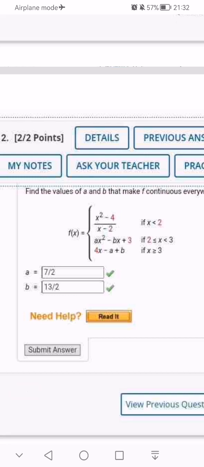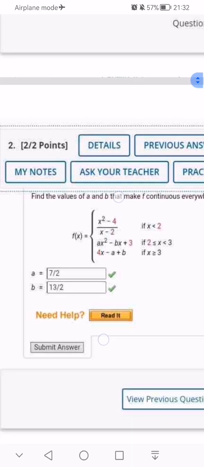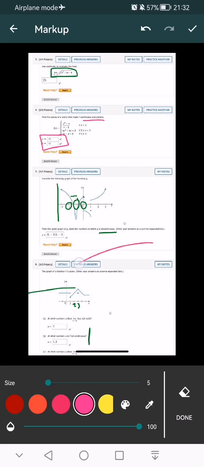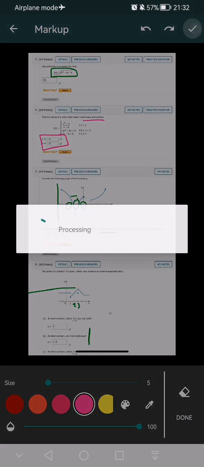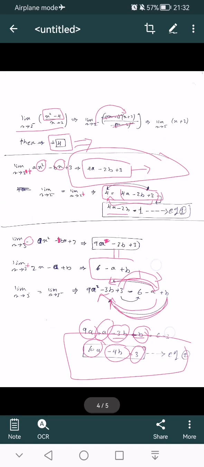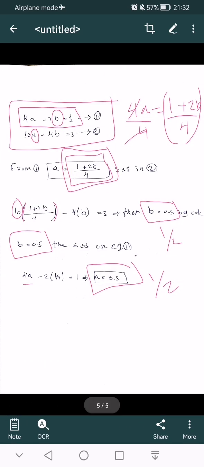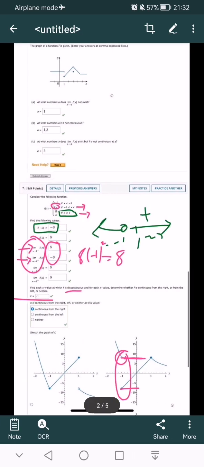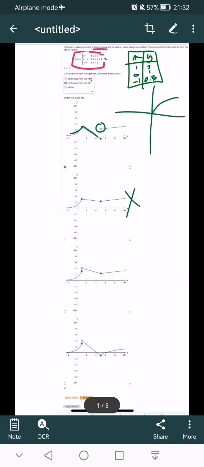You may get different answers that will also be correct, but you have to follow this way. I will send you the solution for this one, inshallah, because it is very important. That's why I keep it to the end so you can focus on it.